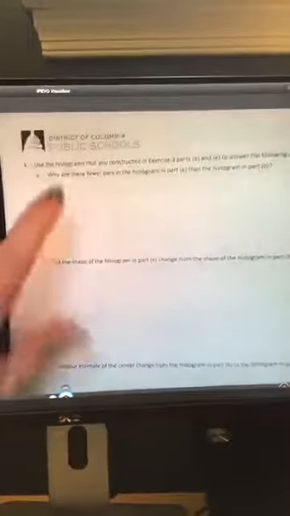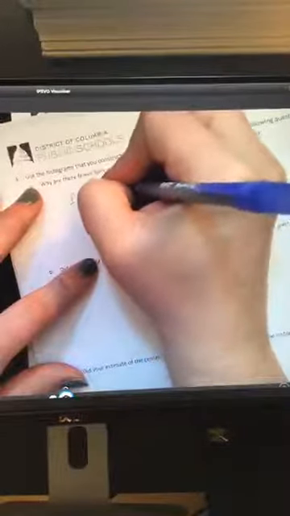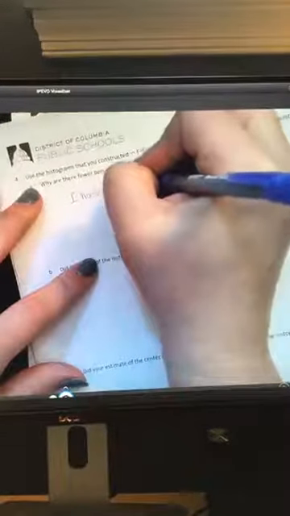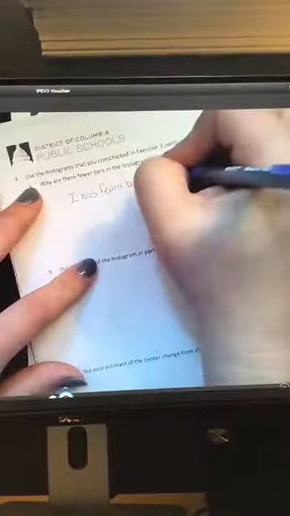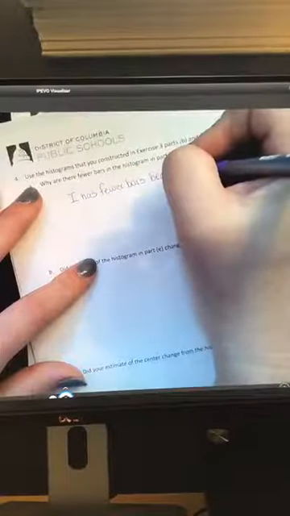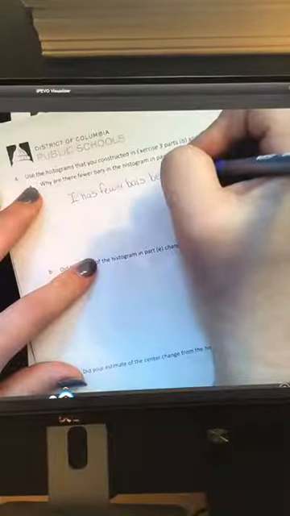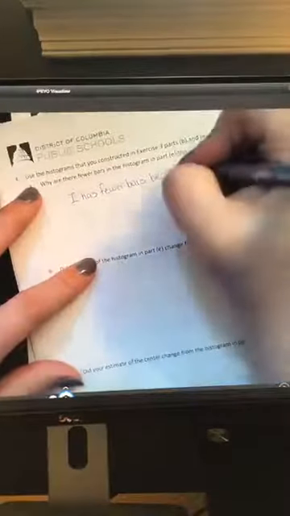All right, I'll help you guys out. So why does it have fewer bars? It has fewer bars because... I'm not sure what that means, Kayla.